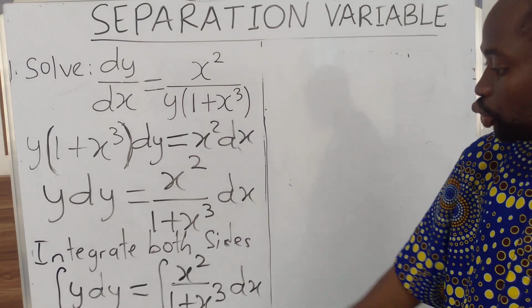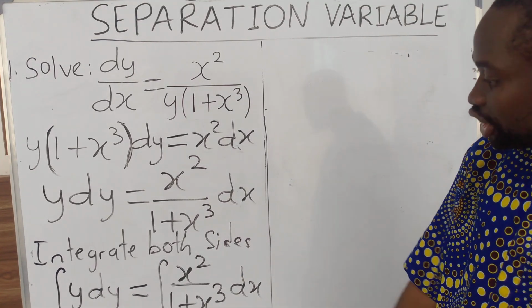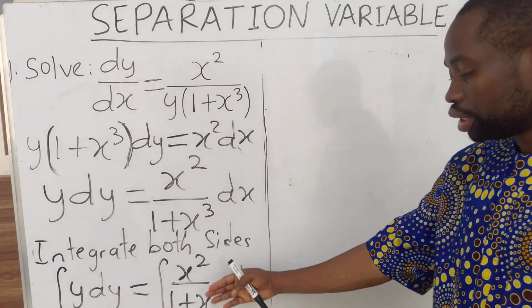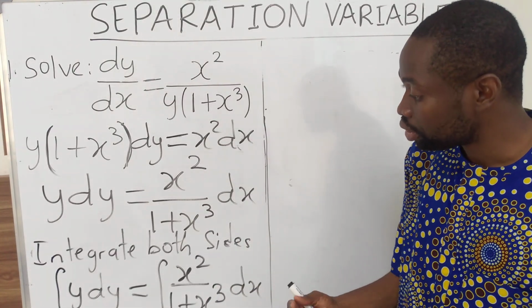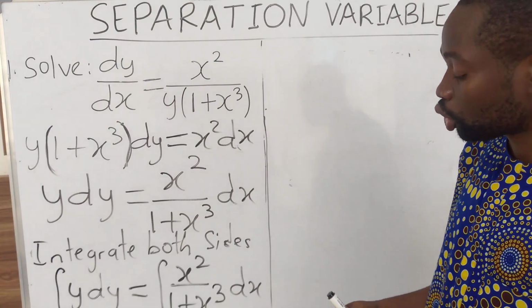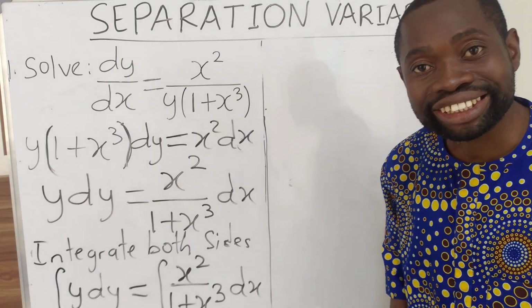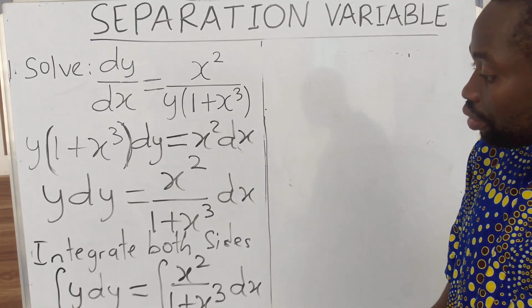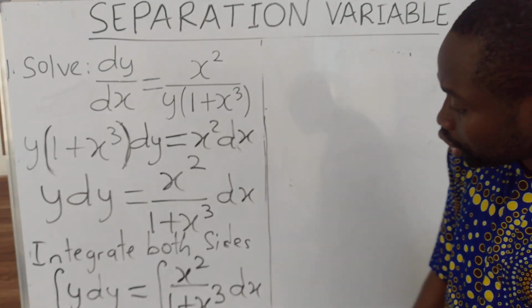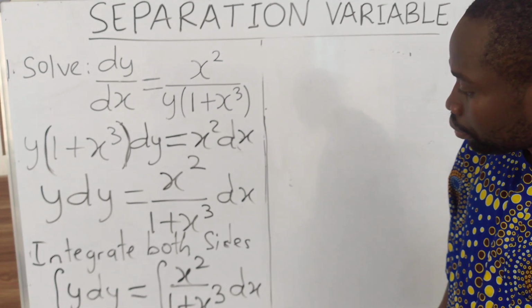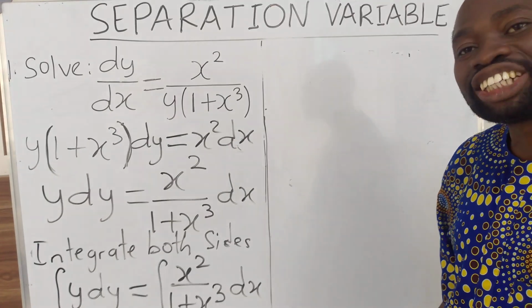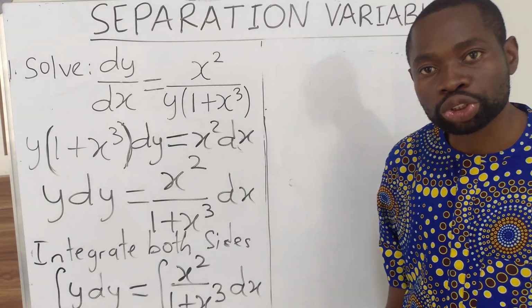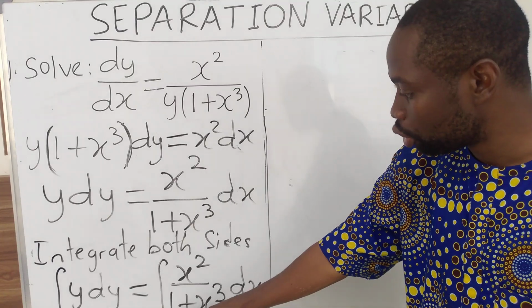Now let's inspect this one. For me to integrate this function, there are methods of doing integration. We have integration by substitution, integration by parts, integration by partial fractions. This is 1 plus x cubed. If I want to use integration by substitution, I will check the denominator.